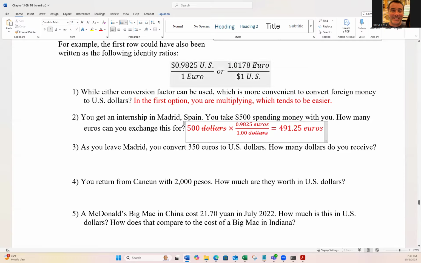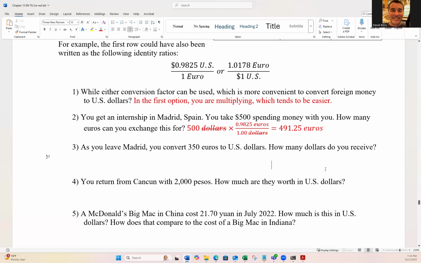So we use this one here, the 1 euro to 0.9825 US dollars. Dollars cancel out, so you're left with 500 times 0.9825 euros. And euros is what you want at the end because you want to know how many euros your $500 is worth.